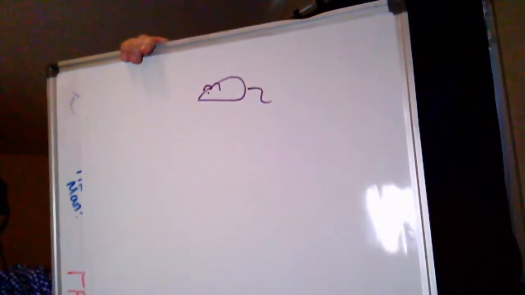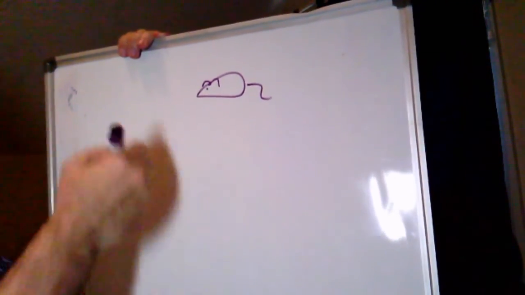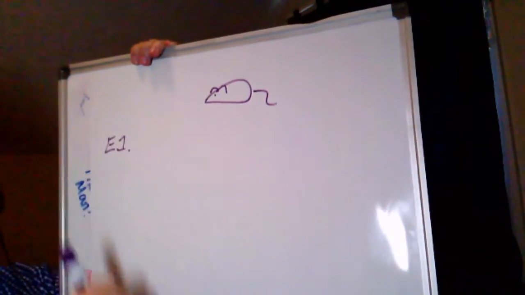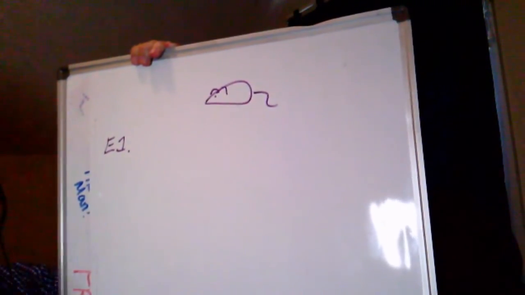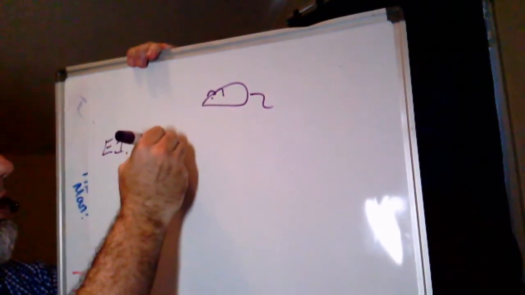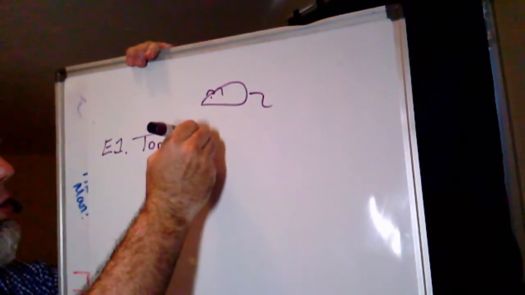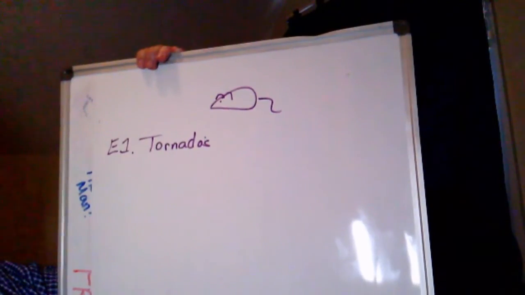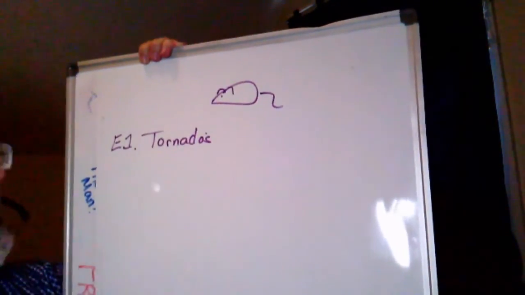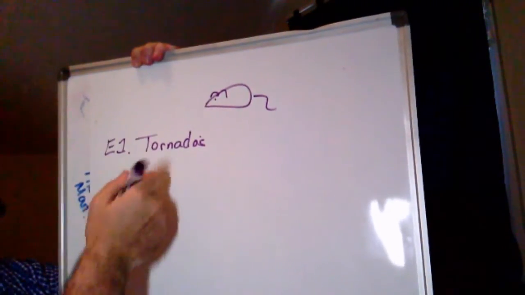Glorious. Now, that was normal. Now Event 1 happens, and I'm going to go a little bit crazy with this. Let's say there are tornadoes. Yay. Glorious mouse. Communist mouse.